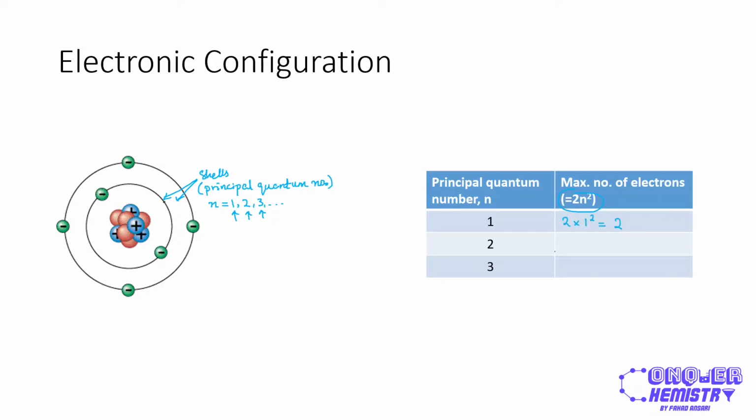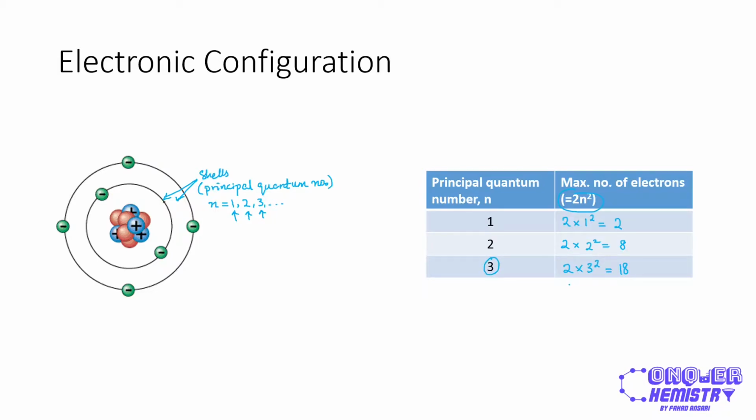And then shell number 2 gives us 2 times 2 squared, that gives us 8 electrons. That's the maximum this shell can hold, followed by the third principal quantum shell, with n equals 3, which can hold a maximum of 18 electrons.